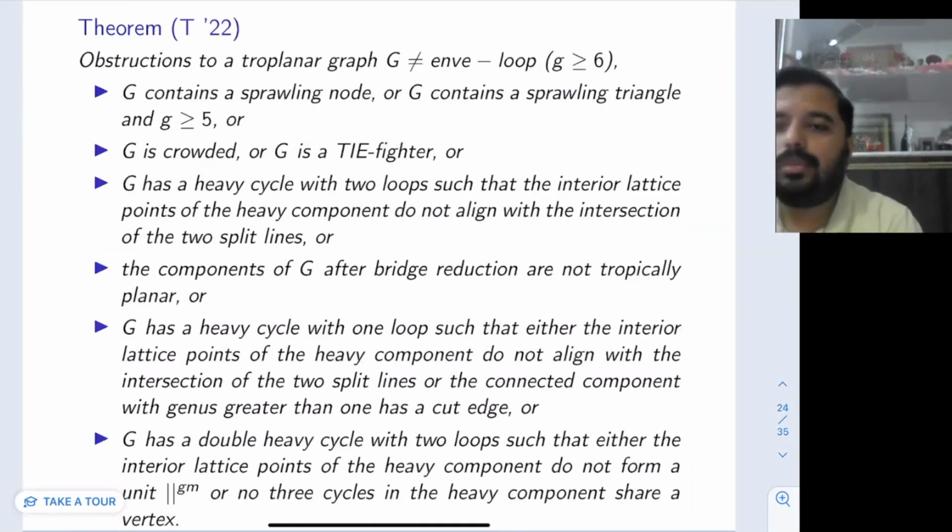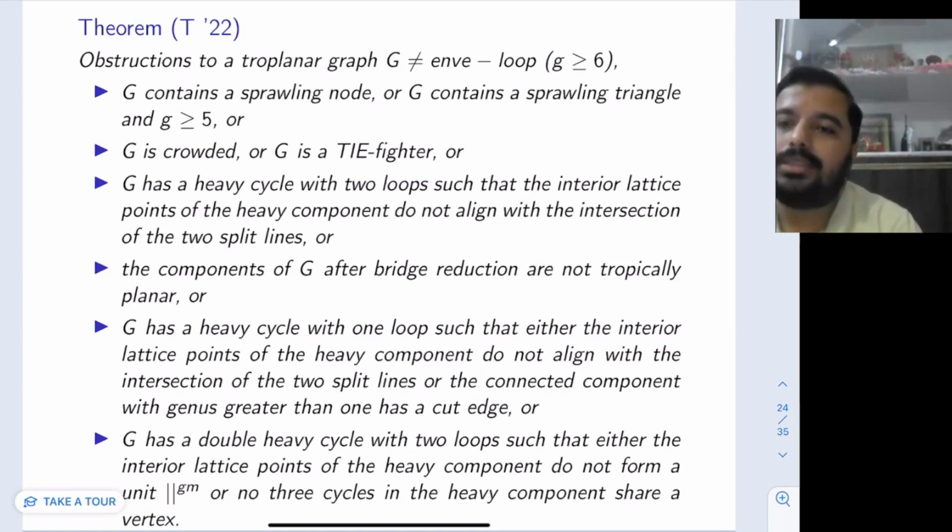Just before moving to a side note, I would like to mention that there is a result saying that as the genus increases, you'll have a lot more graphs which are actually not troplanar.